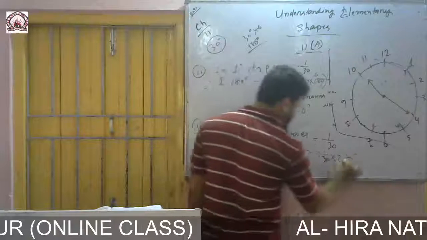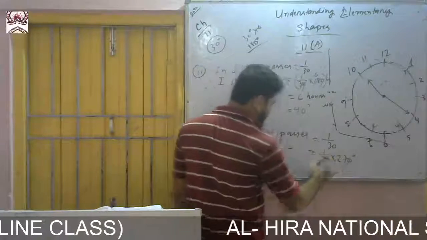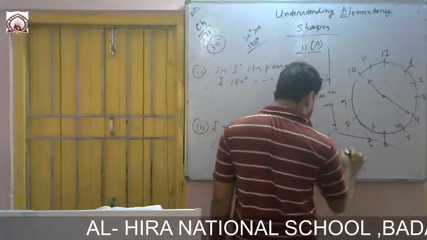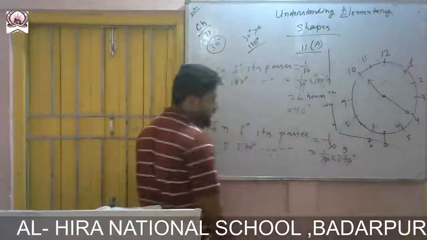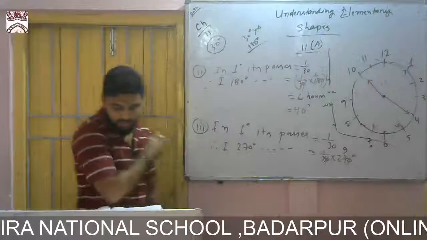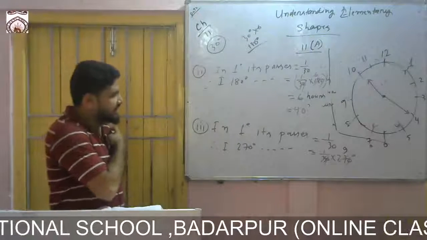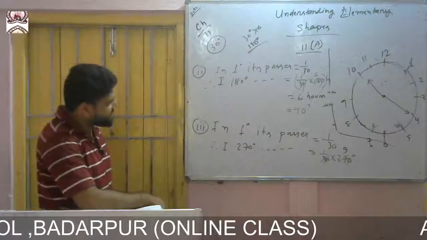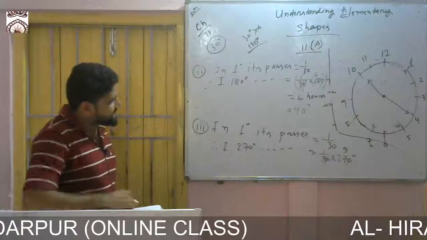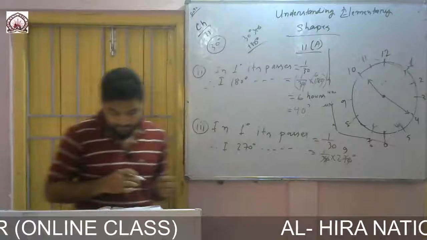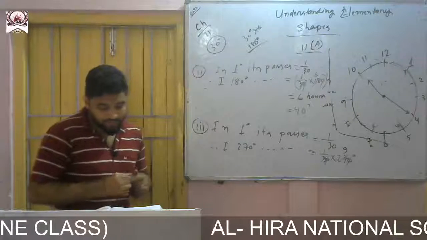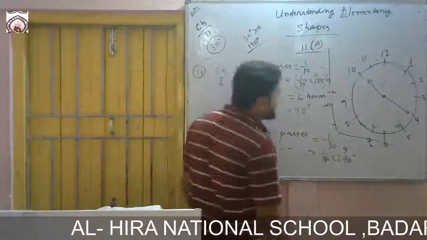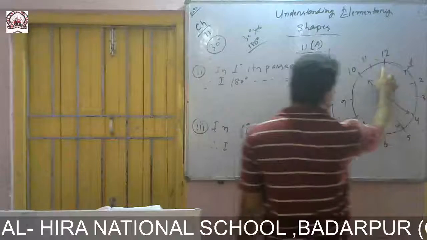Zero zero cancel. Then 3 1 jar 3, 3 9 jar 27. So from 12 to 270 degree.